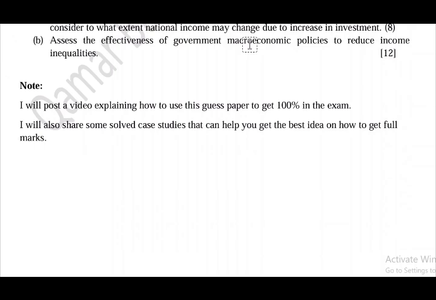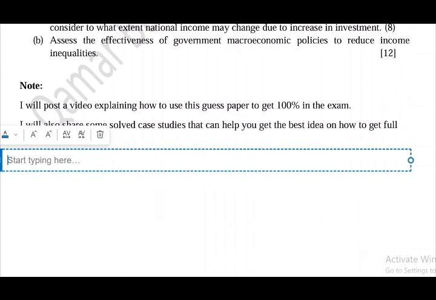And what are the important things that you must know for the case study? Generally, the first question is identifying some reason or relationship, or you have to interpret some value given in the table, in the diagram, in the case study. For example, if the examiner has given the figures related to government budget, and the government budget is, let's say, minus 5 billion, or it may be plus 10 billion, what do they represent, right?